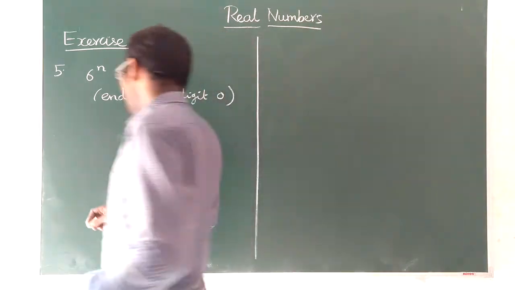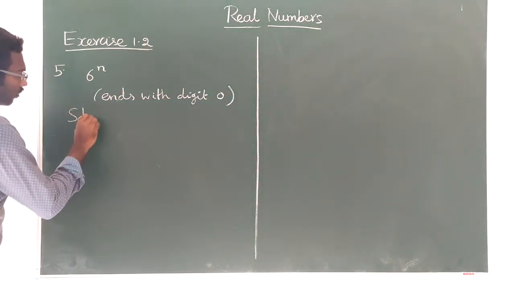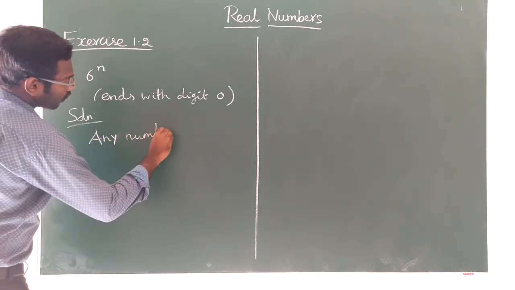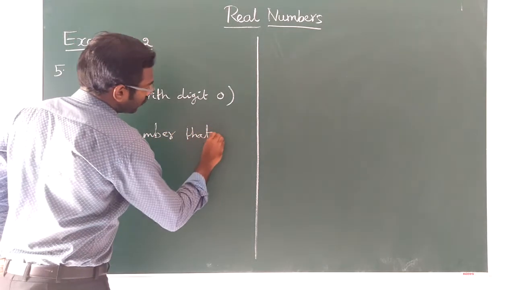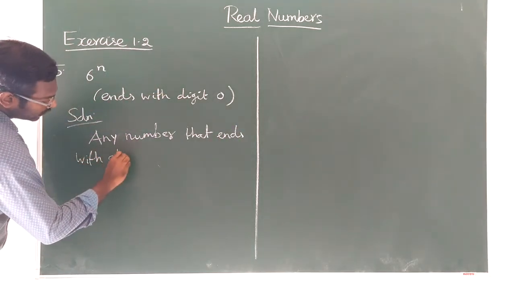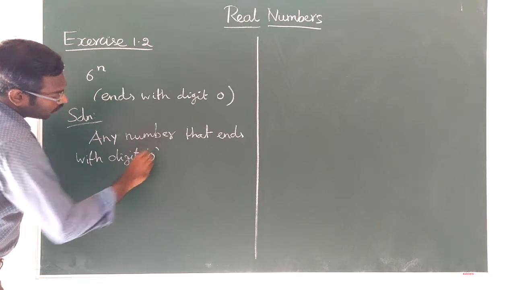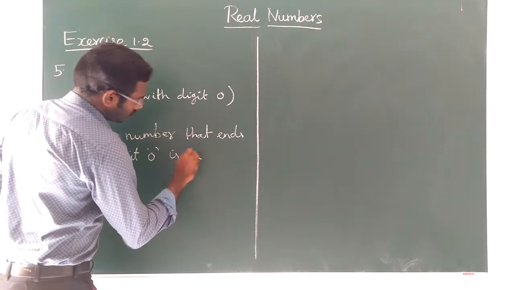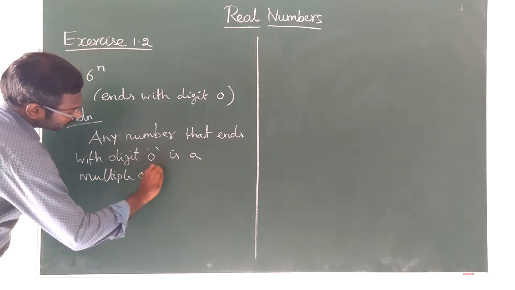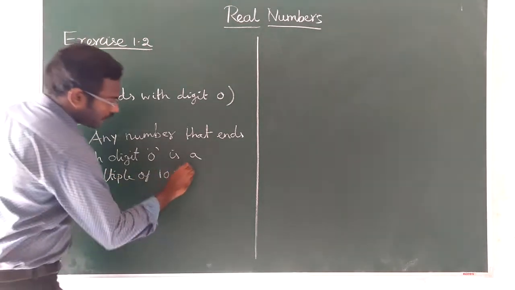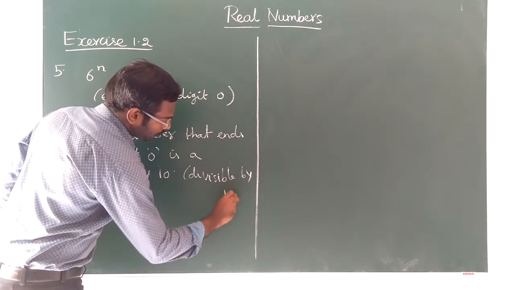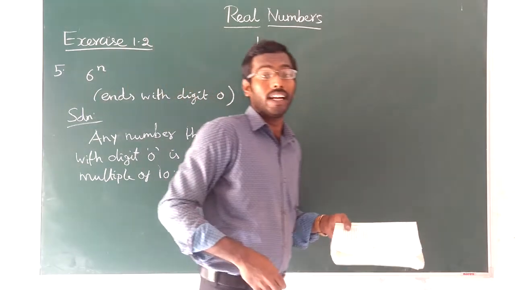Okay, so the clue is, any number that ends with digit 0 is a multiple of 10. Multiple of 10 means that is divisible by 10.